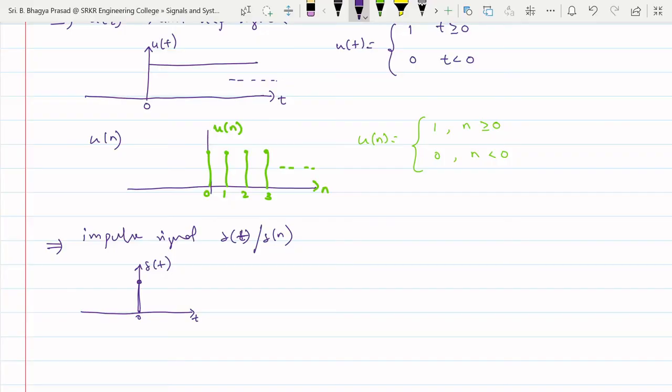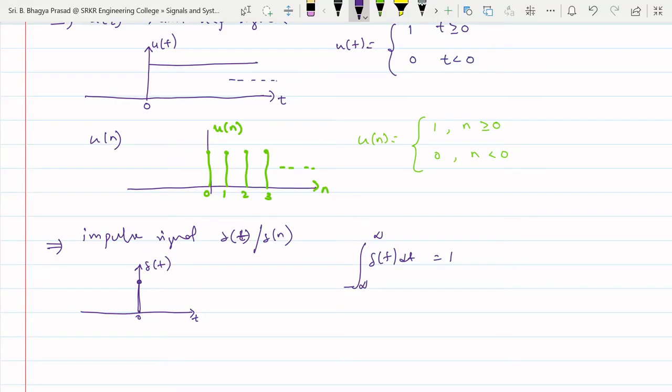The actual representation of the impulse signal is the integral of delta t dt from minus infinity to infinity is 1. This indicates that the area covered by this is 1.